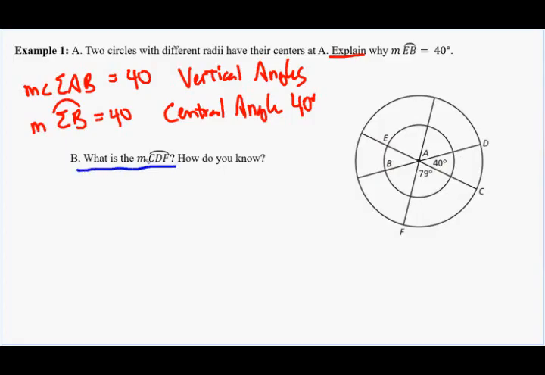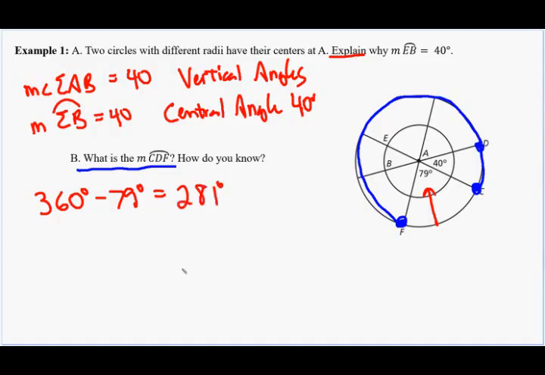All right, part B. What is the measure of CDF? Well, here's C, and we go to D, and then we keep going until we hit F. So it's an entire circle except for this one slice. So we could do 360 minus 79 equals 281 degrees.